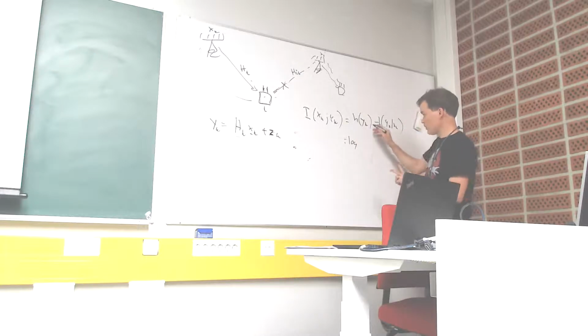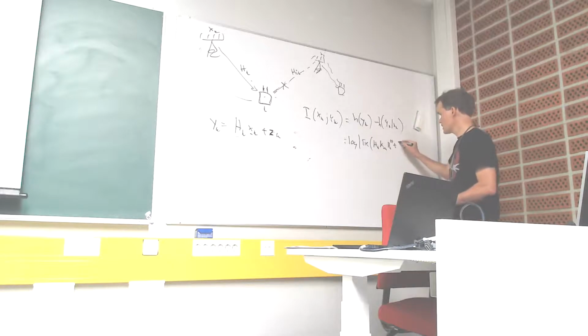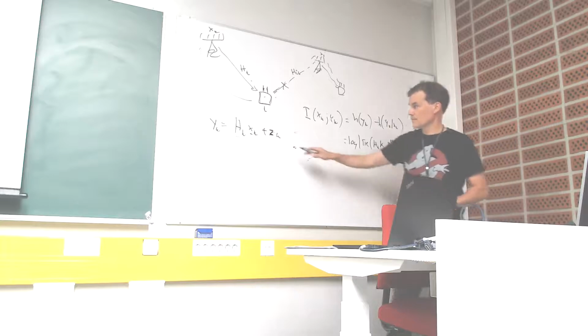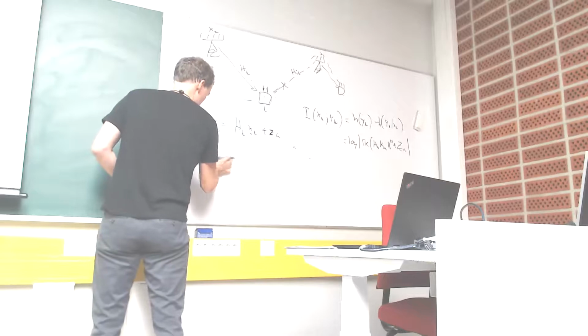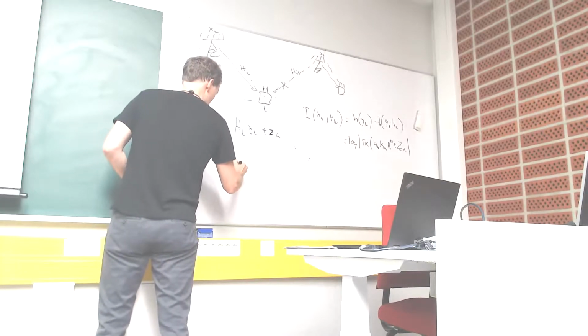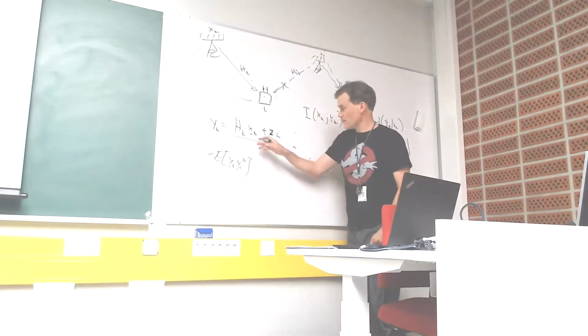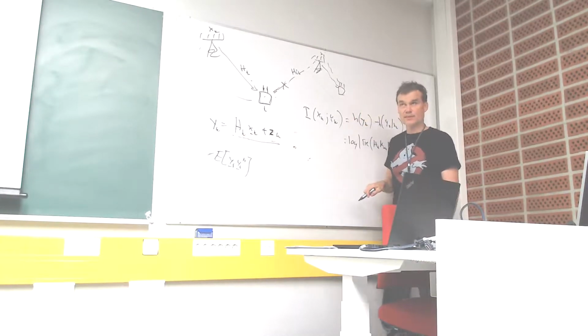So the differential entropy of yk, where y is HK xK plus capital Z. When you take the covariance of this, of course the cross terms vanish, then you have the sum of individual covariances.